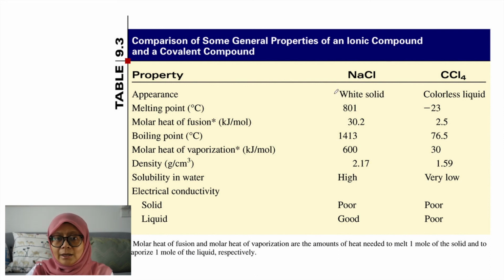Because this is an ionic compound, with interaction between metal and non-metal. The ionic bond formed between sodium and chloride is very strong, so in order to melt this ionic compound, we need higher energy. And then the molar heat, the boiling point, and so on.